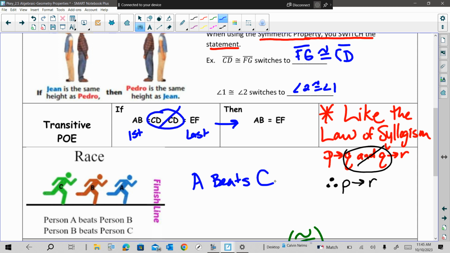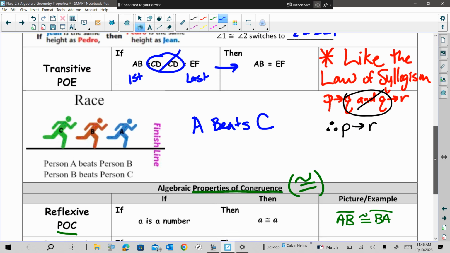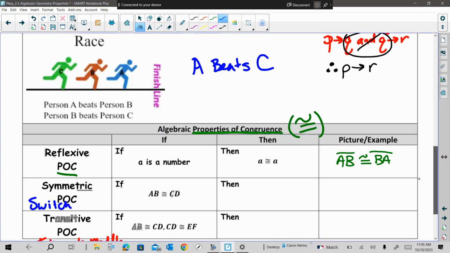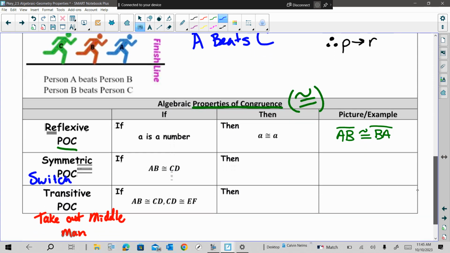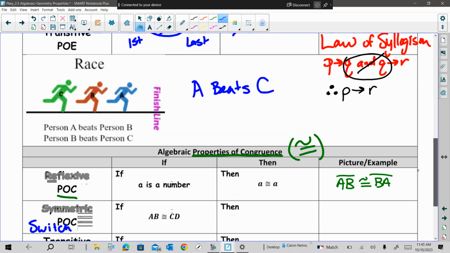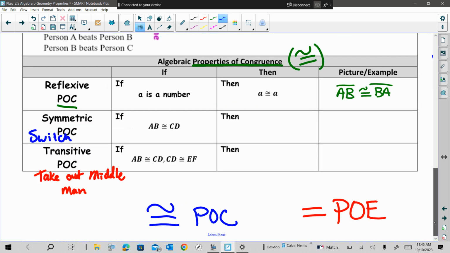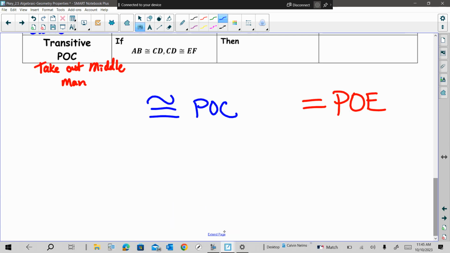So I know on your notes this POC, the reflexive property of congruency, is missing. All you really need to know for this, this information is saying the exact same thing. Here's what I need you to know. Add this to the bottom of your notes right here, or in that box.